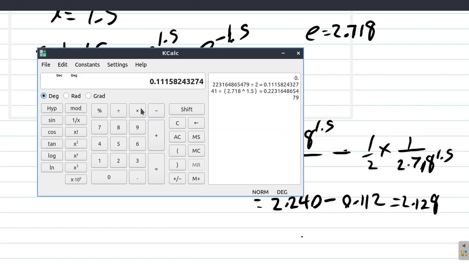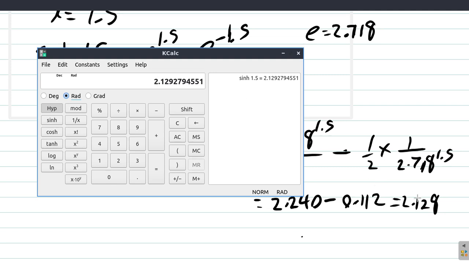So here, let's put this in radians. Oh, all clear. Radians. 1.5, hyperbolic sine. 2.129, kind of close. It's because of the rounding off, you don't get the exact thing. So you have 2.129 compared to 2.128.